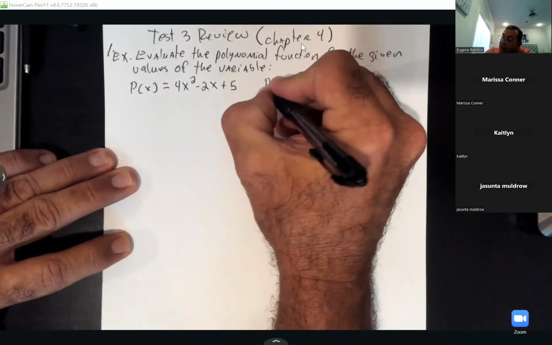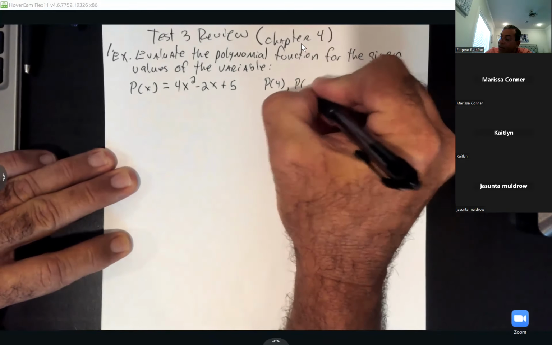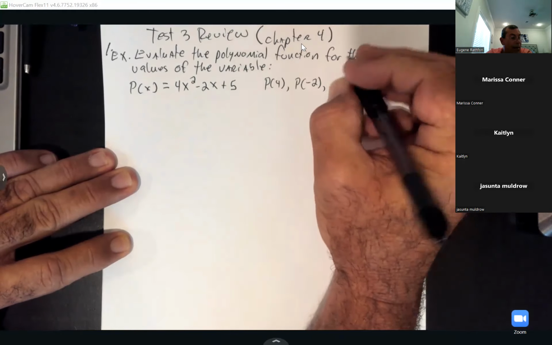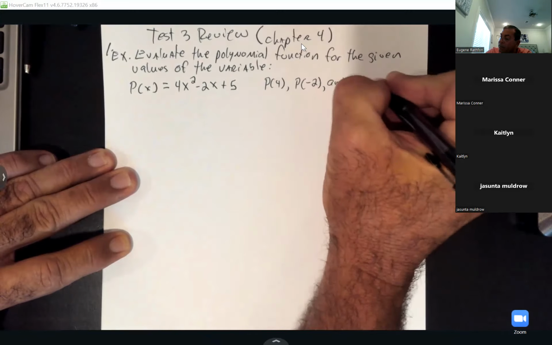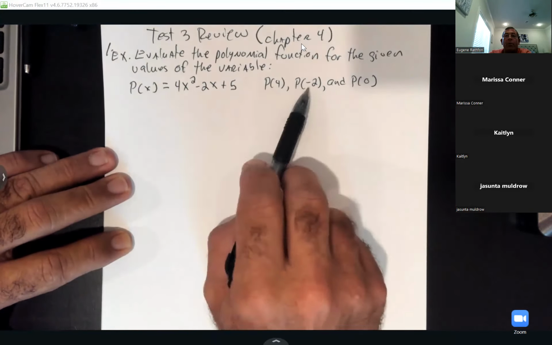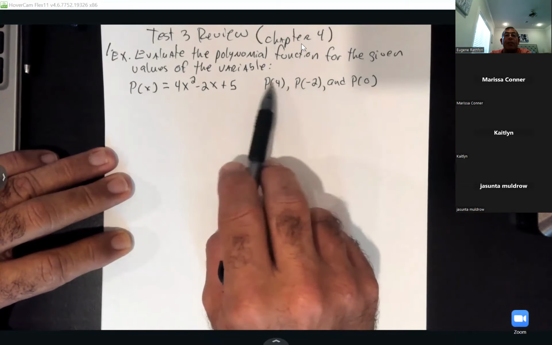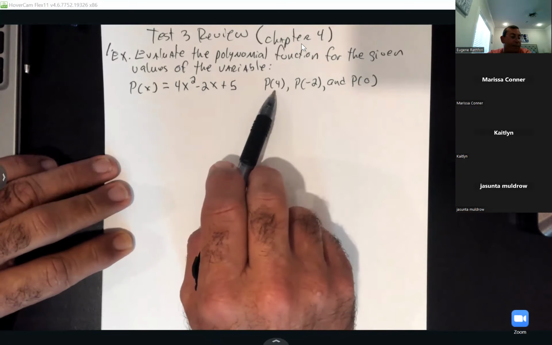Y'all, what they want us to find is P of 4, P of negative 2, and P of 0. All right, so we're going to have to do this 3 times using each of these numbers in place of the X, okay? I'm going to start with P of 4.